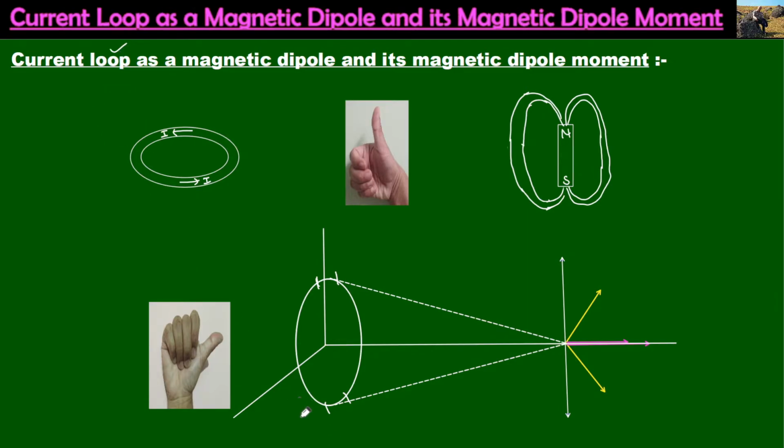Now, there are certain ways to find the direction of the magnetic field on the basis of how the current is flowing in that coil.